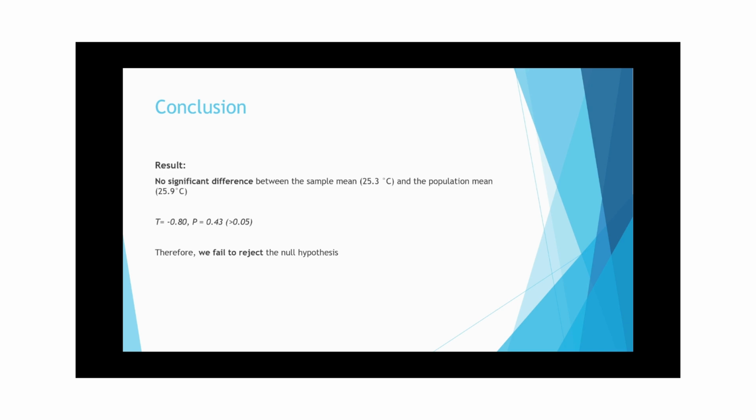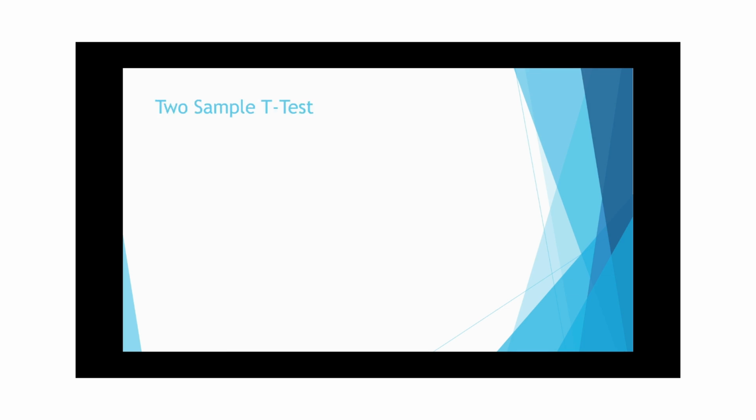So because the p-value is not small enough to reject the null hypothesis, we fail to reject H0, which means that there isn't sufficient statistical evidence to conclude that Melbourne's January 2024 average maximum temperature is different from the historical average. I'll now be moving over to the two sample t-tests.